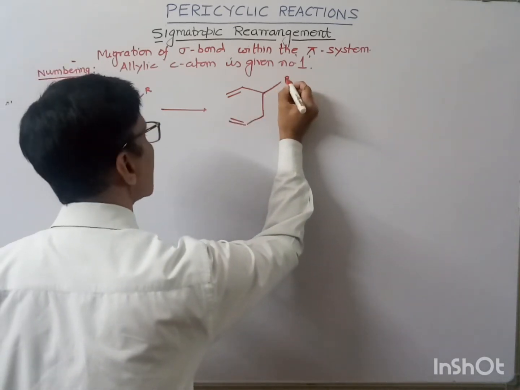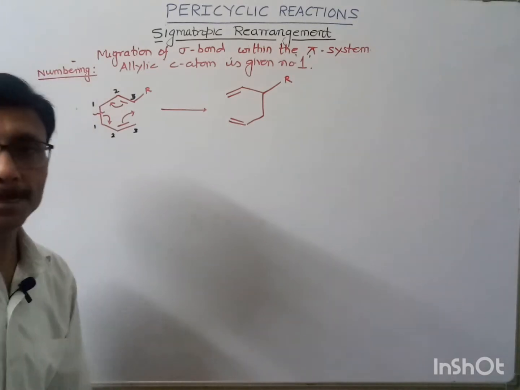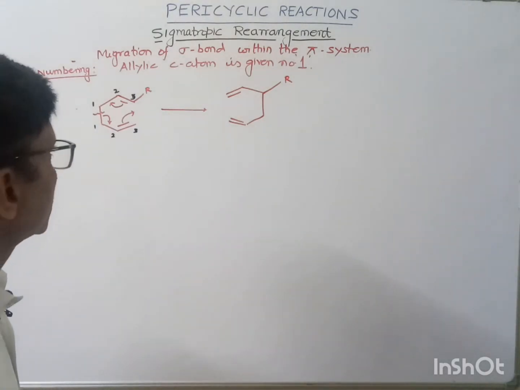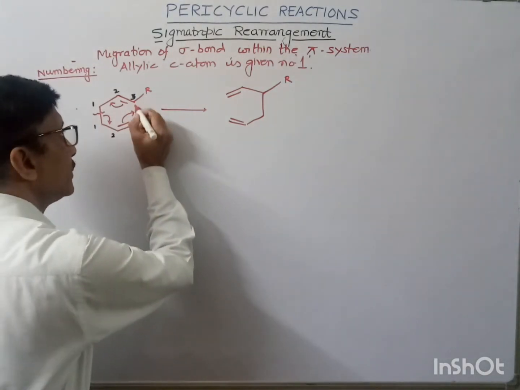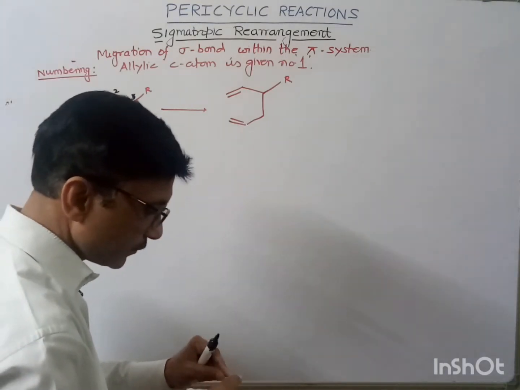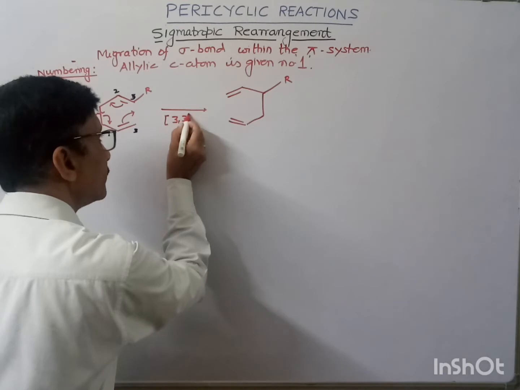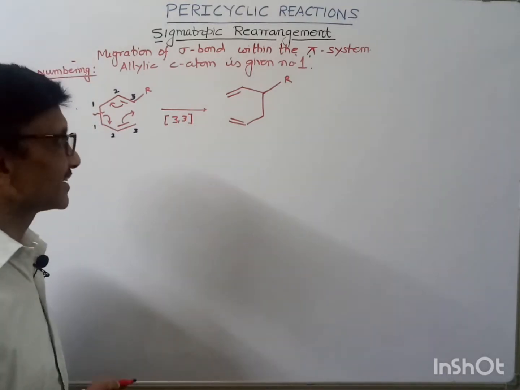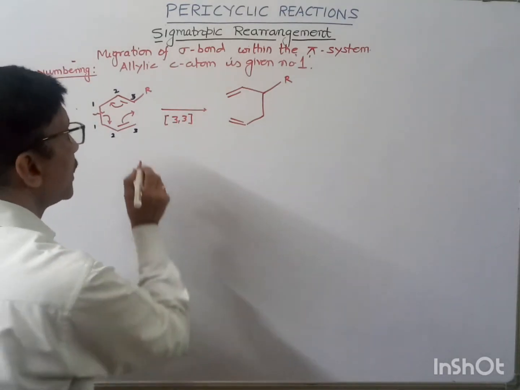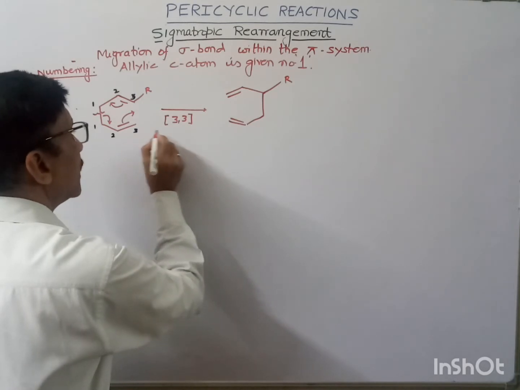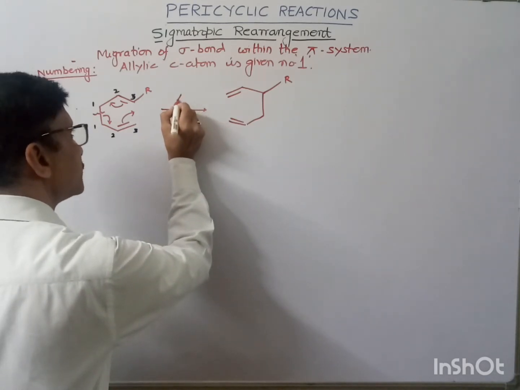Here we have this R. So this would be the result. A new bond is formed between 3 and 3. So this is an example of a 3,3 sigmatropic shift, and this reaction occurs in the presence of heat.